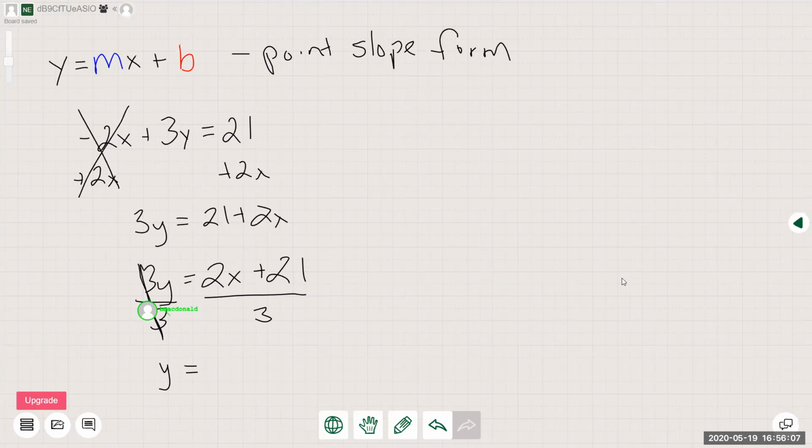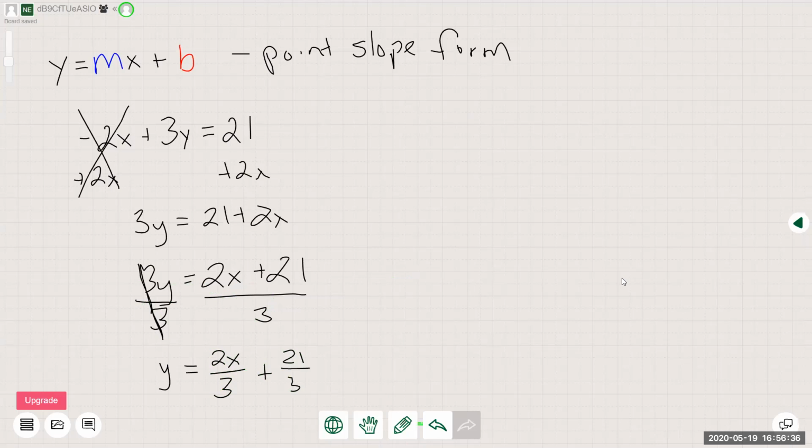So we can have 2x over 3 plus 21 divided by 3, which you can either write out as 21 over 3 for now, and that's okay, or you can write it as 7 if that's easier for you. But that's up to you and what you're most comfortable with. I like to write out the steps just so I can keep track of what I'm doing.